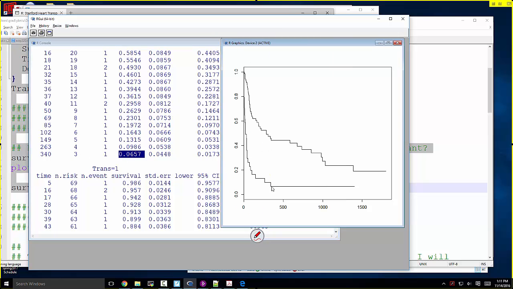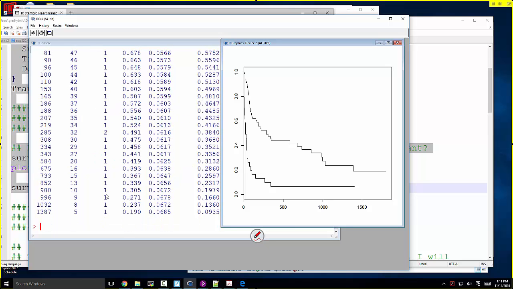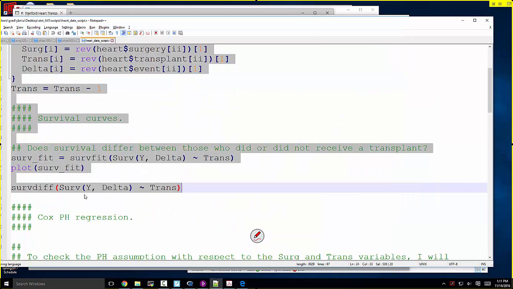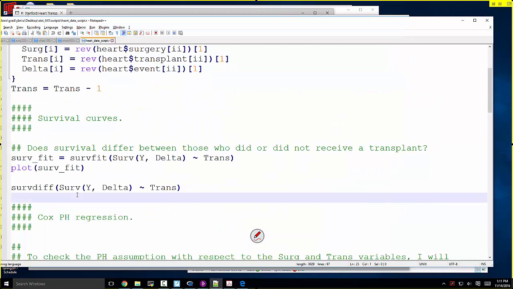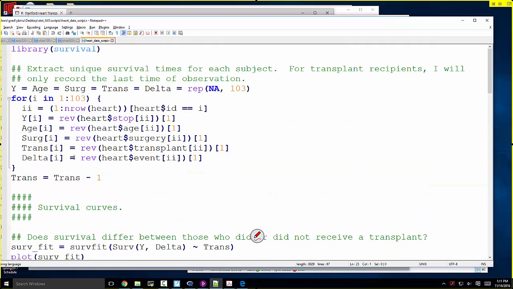So there's 340-ish, and that's 0.07-ish. Transplant 1, we had individuals who lived out 1,000 days, 1,400 days even. But again, that's not with respect to the covariates. We have not adjusted for age or bypass surgery.